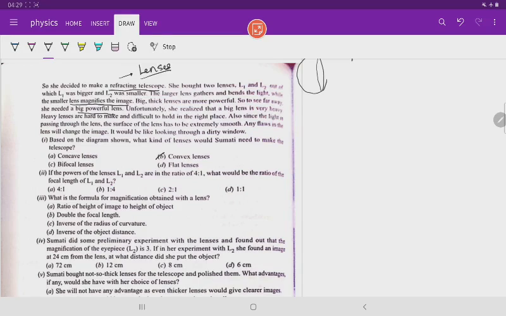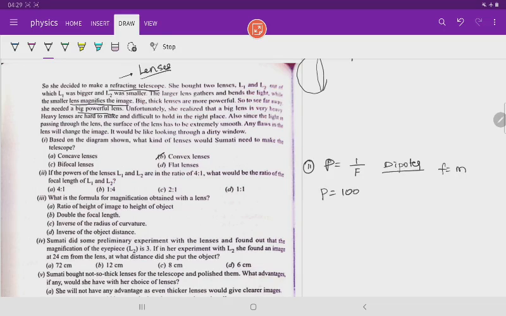If the powers of the lenses L1 and L2 are in the ratio 4:1, what could be the ratio of focal lengths of L1 and L2? We know, question number 2, the power of a lens is nothing but 1 by focal length, and the unit is diopter. Remember this when F is used in meters.